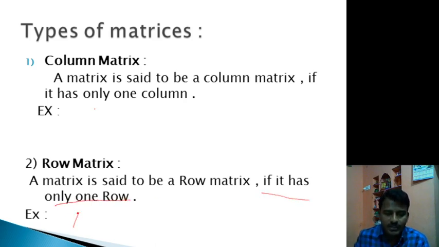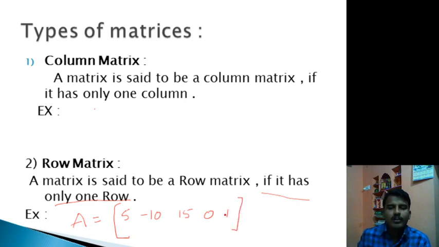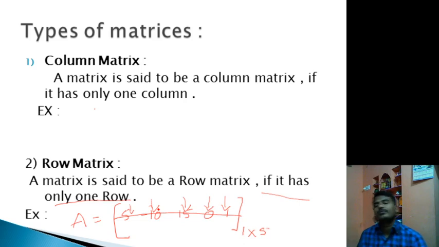For example, let me take a matrix A is equal to 5, minus 10, 15, 0 and 1. Now tell me how many rows? See here, only one horizontal line, that's why 1 cross. How many columns? 1, 2, 3, 4, 5. It means 5 columns.